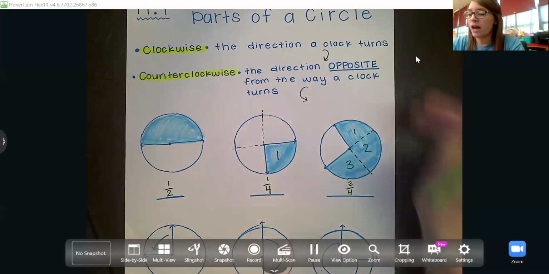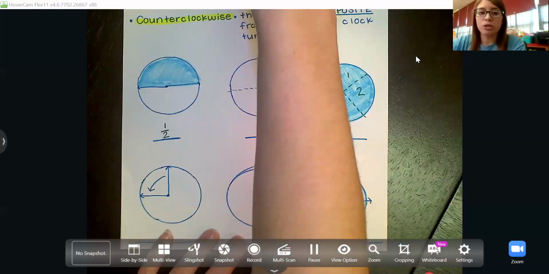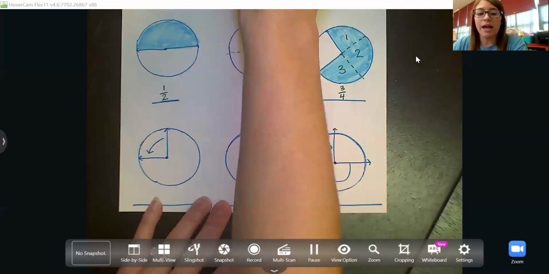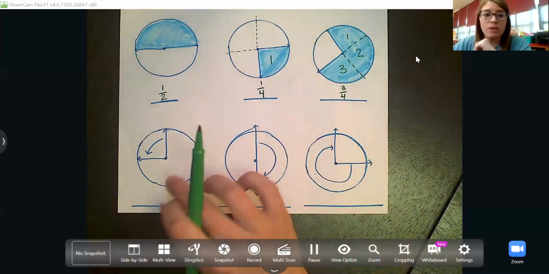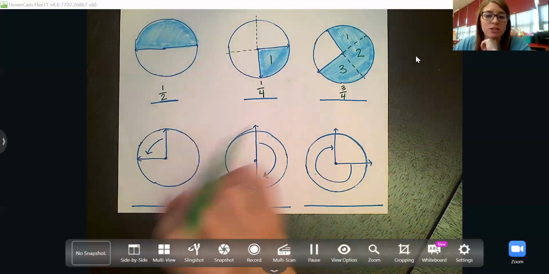Very good. All right, now we're going to bring in those terms that we needed to know for this lesson, clockwise and counterclockwise. And what we're going to do for these is we're going to look at not only the fraction of the turn that was made, but the direction as well.